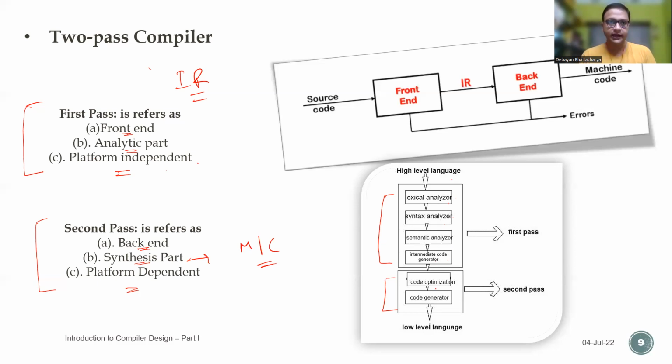After that, it generates a platform independent low-level language, sometimes called the intermediate representation. That low-level language is taken as input to the second phase of the compiler, the synthesis part, where the actual machine dependent, platform dependent executable code is generated. So this is the concept of a two-pass compiler.